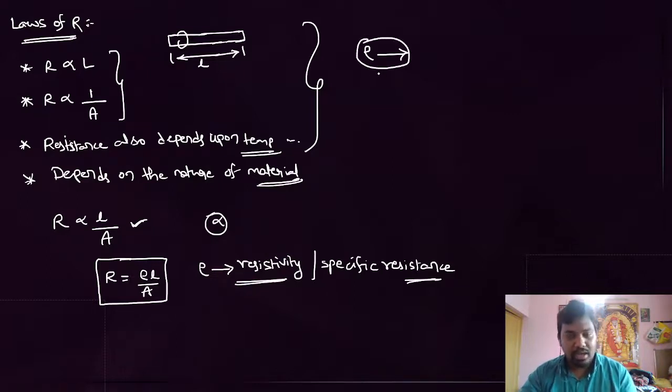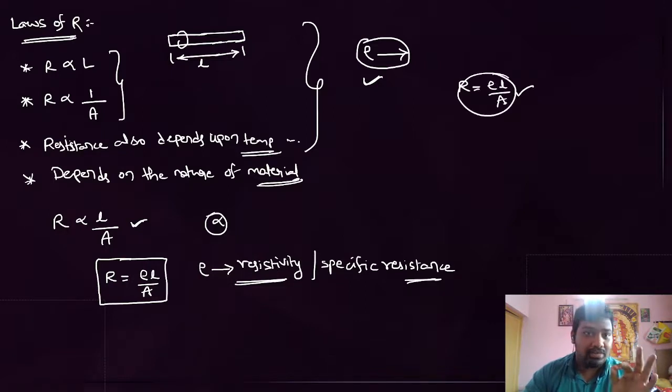About rho and other terms we will see in the next class, because our main focus now is on resistance. So we have seen all four laws of resistance, and the final conclusion we got is R equals rho L by A.